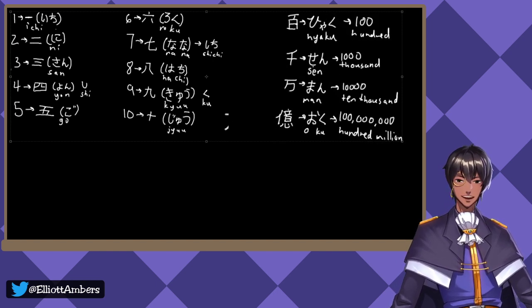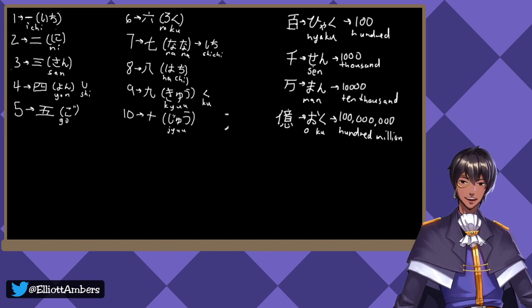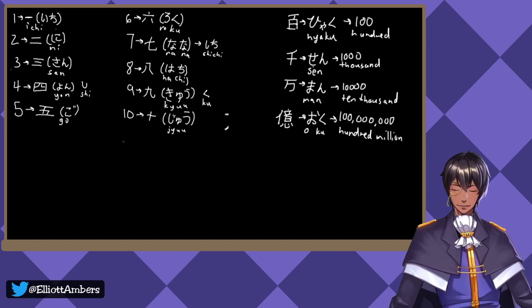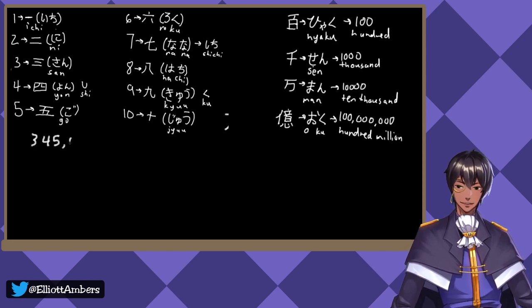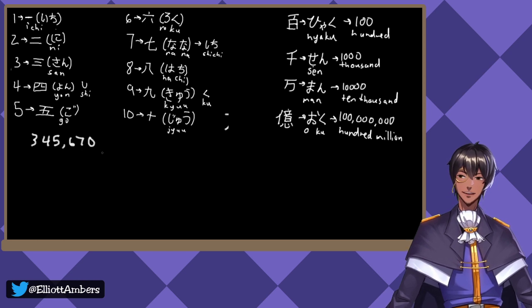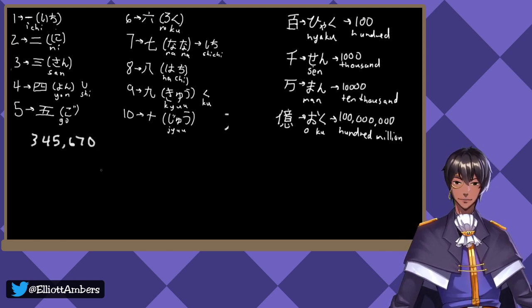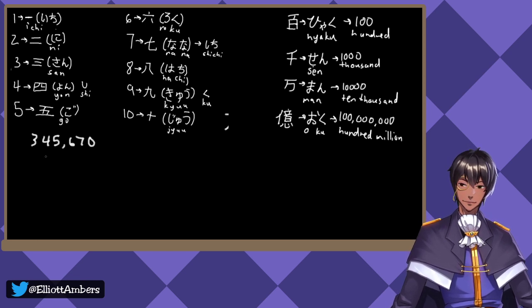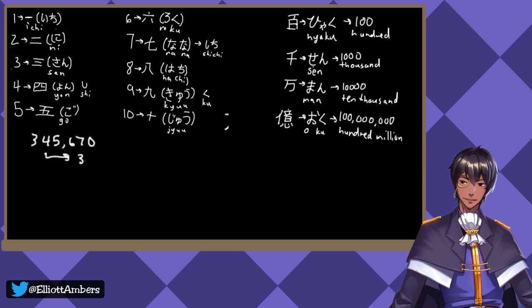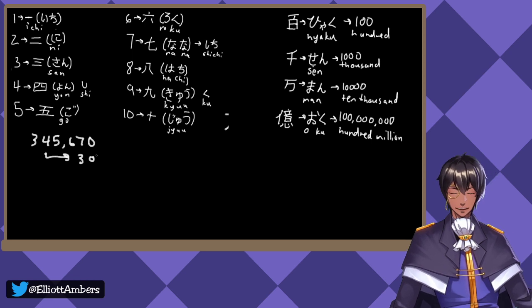So say I wanted to do the number 345,678. The way this works is that we have to break this down by each individual place value. We're gonna do 300,000.